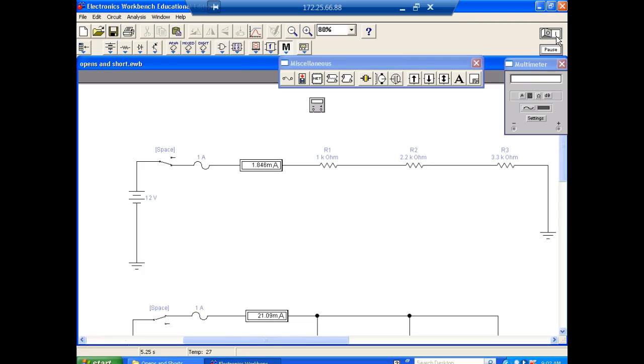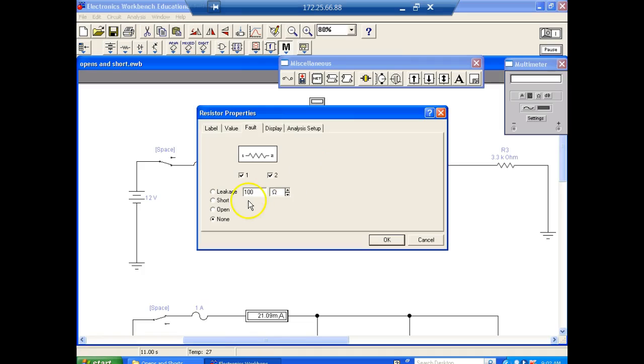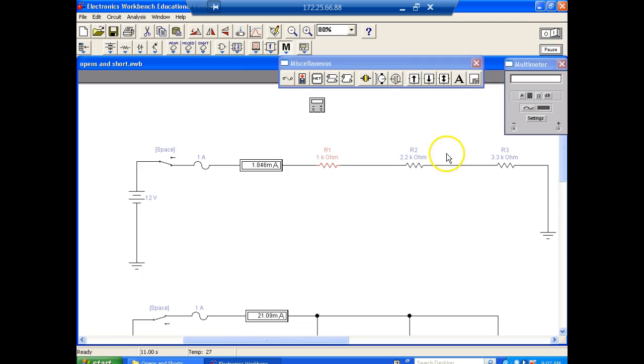We measured, right? So what would happen if R1 opens? If it opens, all your voltage is dropped right there. Yeah, but what happens to the current in the circuit? Yeah, the path stops, right?